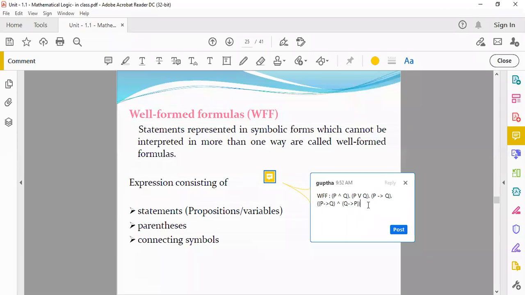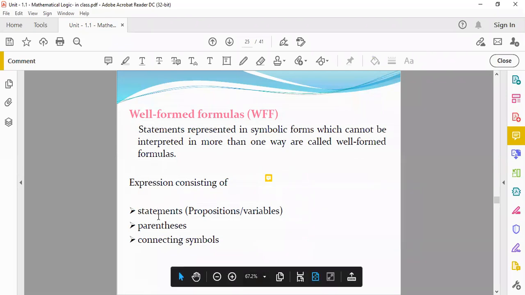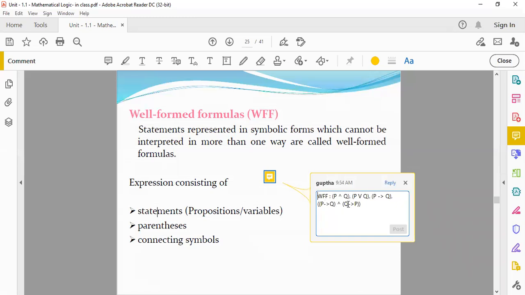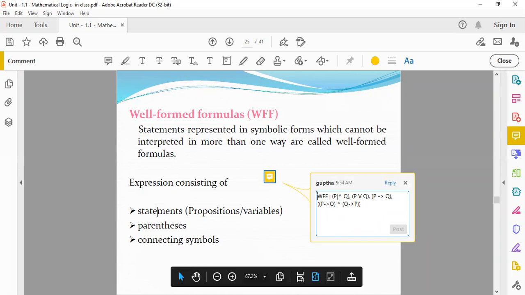So one compound statement and a second compound statement must be connected with some connective. That is the concept I mention here. Everyone please observe. We have different types of statements, P, Q, which are variables. Parentheses, we mentioned some combinations of parentheses and every statement.